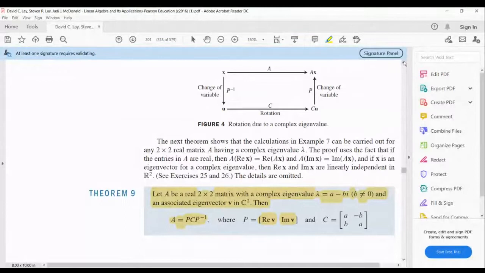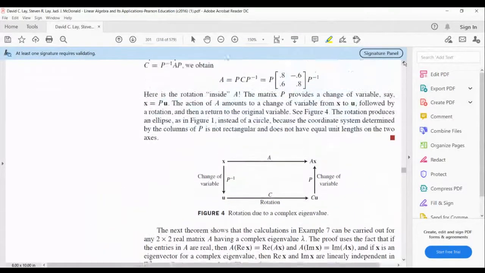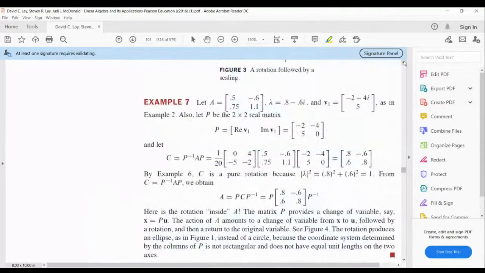So what they mean is that for that example we looked at, example 2, the eigenvector was negative 2 minus 4i and 5. Well, negative 2 and 5 form the real part of the eigenvector, and negative 4, 0 is the imaginary part.